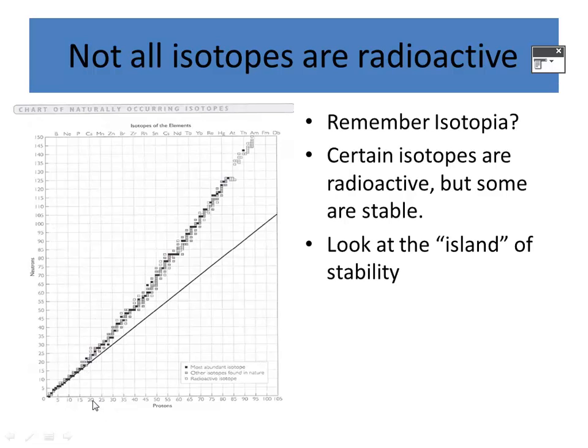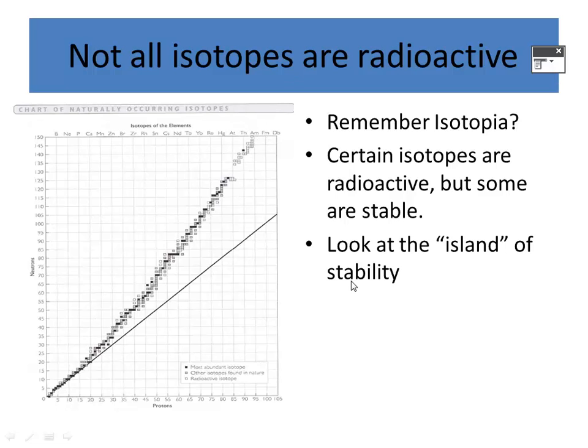If we look here, for atomic number 20, there's 1, 2, 3, 4, 5, 6 isotopes. The most abundant one is the one that's shaded in black. Other isotopes found in nature are the ones shaded in gray. And if you notice, the unshaded boxes represent radioactive isotopes, meaning that they're not stable. Look up here. So those isotopes are unstable isotopes. And notice that little island of stability up here.